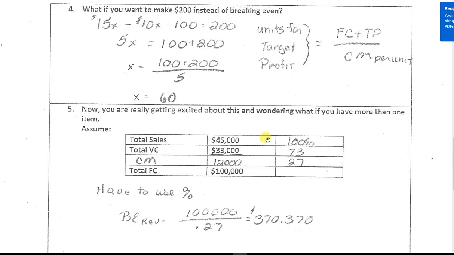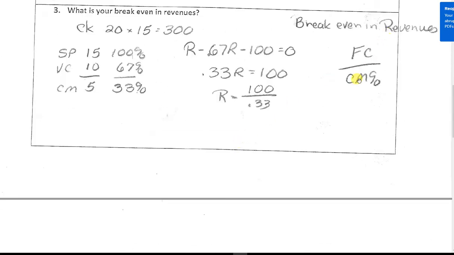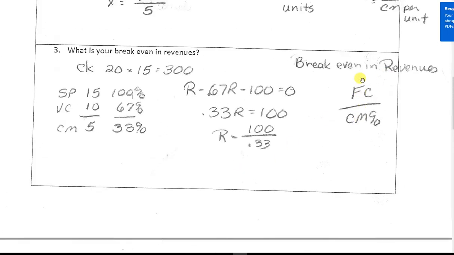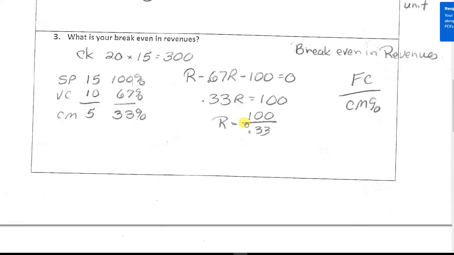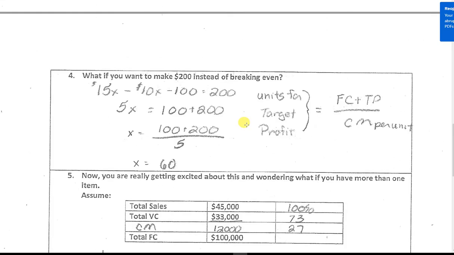So if I have more than one unit, the only formula that I can use is this one, contribution margin percent. I can't get units because if socks have a contribution margin of 2 and pants have a contribution margin of 5 and another one has a contribution margin of 10 cents, obviously I can't solve for the number of units.